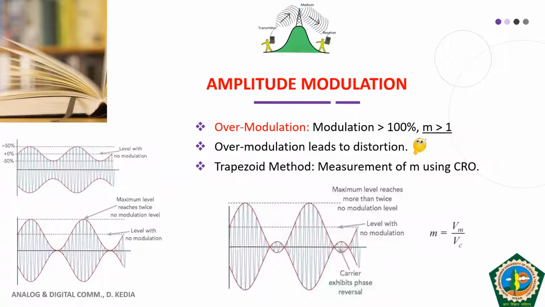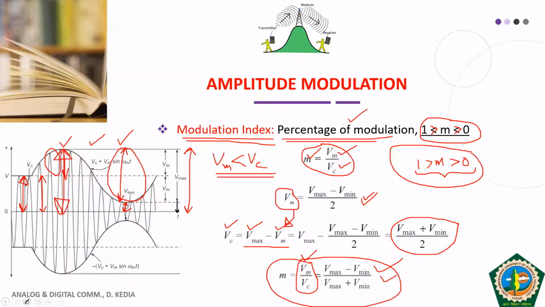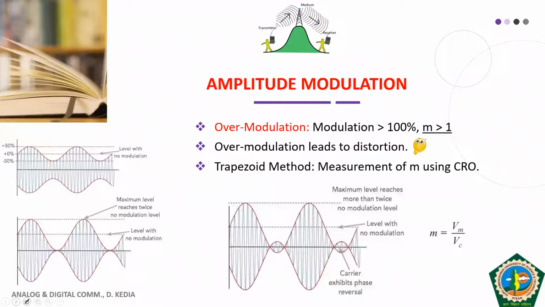Students, since we are talking about the value of modulation index between 0 and 1, what happens if the modulation index value is more than 1? So m is greater than 1. In that case, we call that over modulation. When your modulation is greater than 100%, we call it over modulation, and this is never desirable.